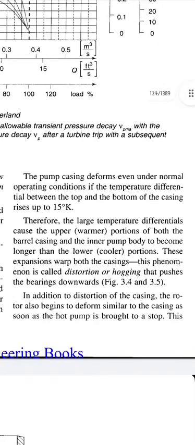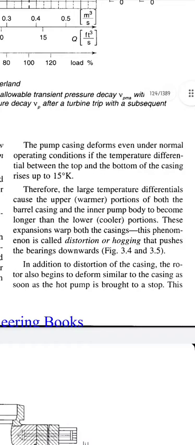Therefore, the large temperature differential causes the upper portion of both the barrel casing and inner body to become longer than the lower portions. This expansion warps the casing. This phenomenon is called distortion or hogging, that pushes the bearings downwards.